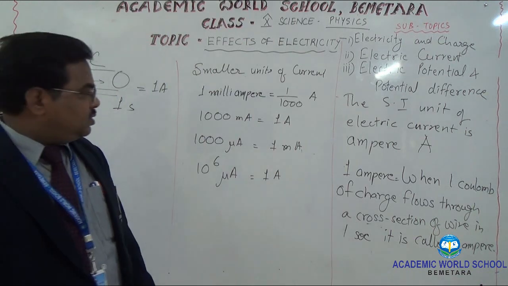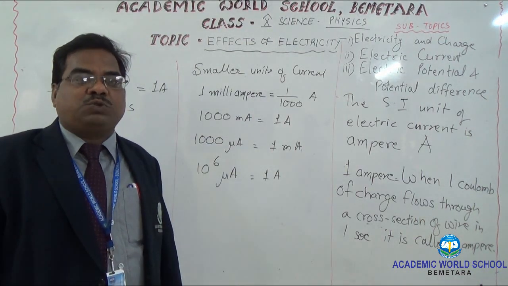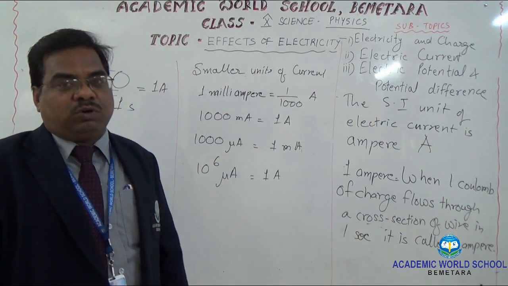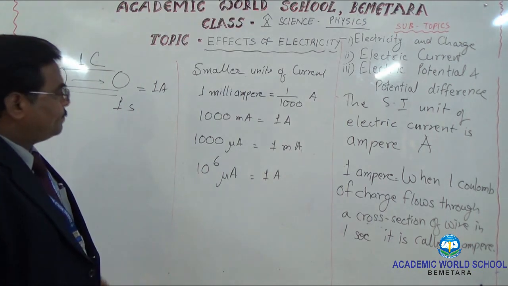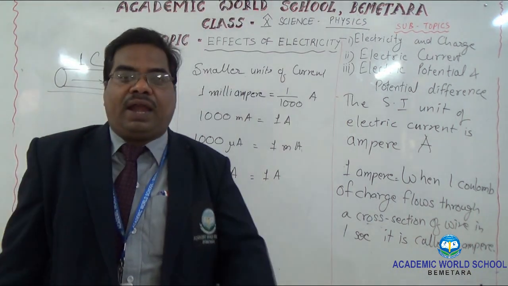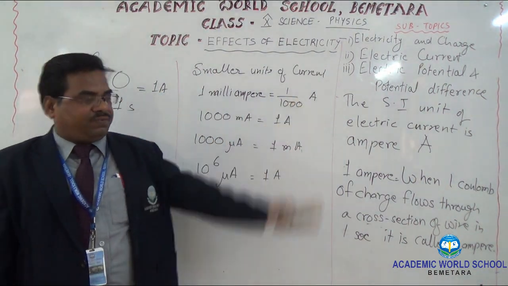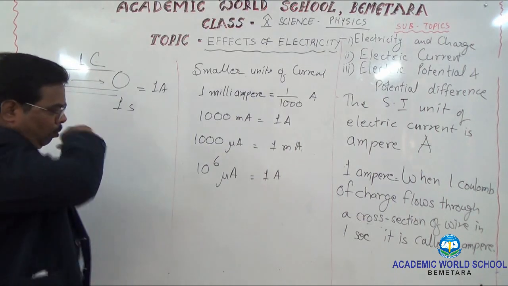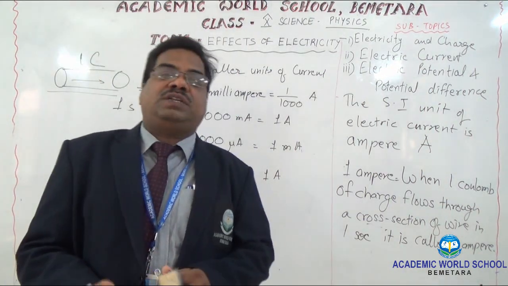Whatever I am writing on the board, I advise you students to please write down in your notebook also, the definitions. Because these constants you have to memorize, and I will be asking you questions based on these constant values and definitions. Now the question is, how do we measure the current?